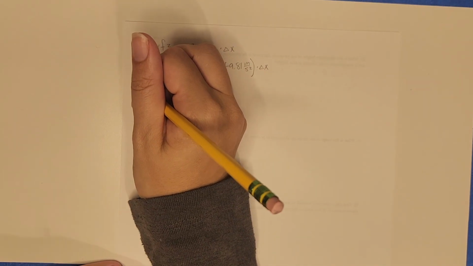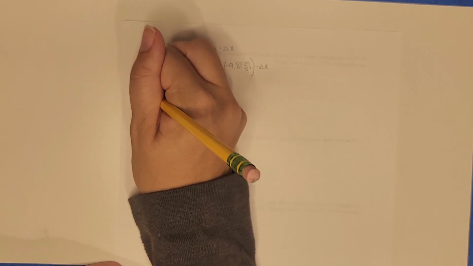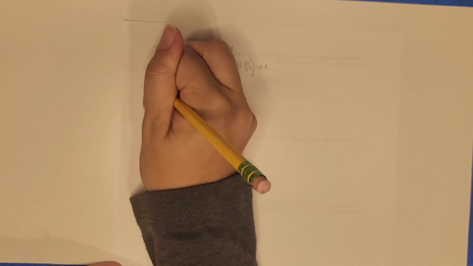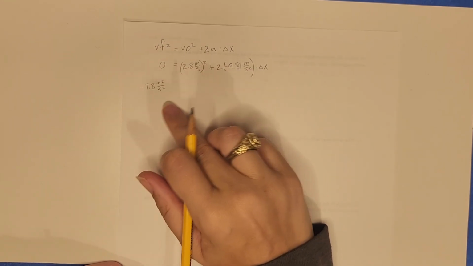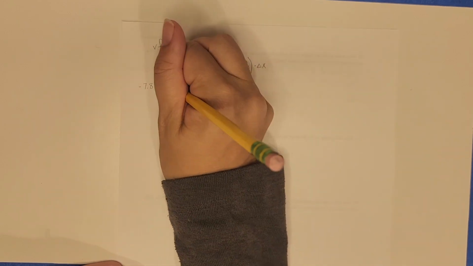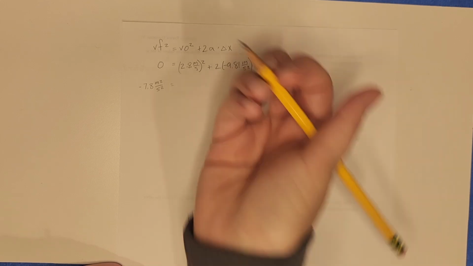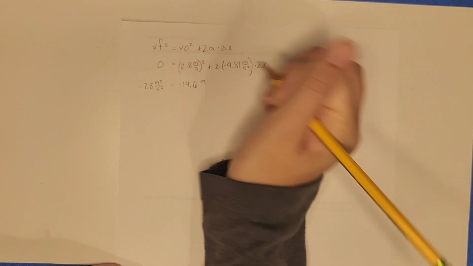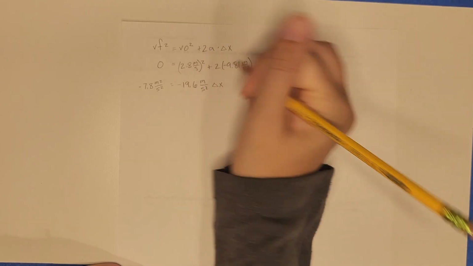Okay, and so we then get negative 7.8 meters squared per second squared. So 2.8 meters per second squared is 7.8. Moved it over to this side, equals, and the 2 times negative 9.81 is negative 19.6 meters per second squared times delta x.